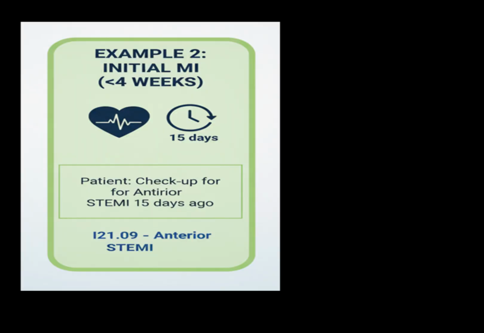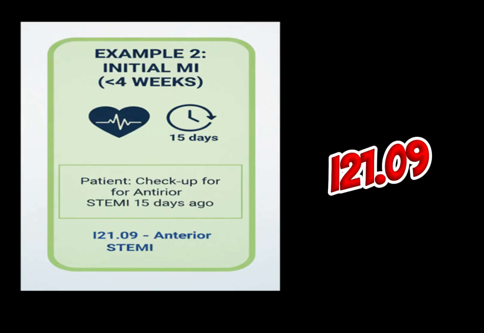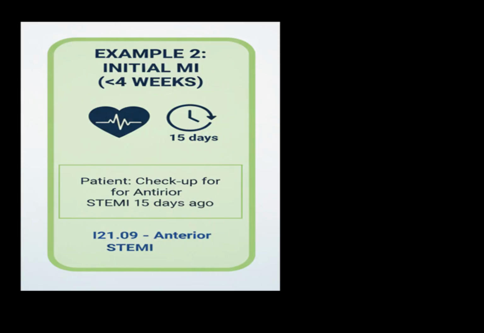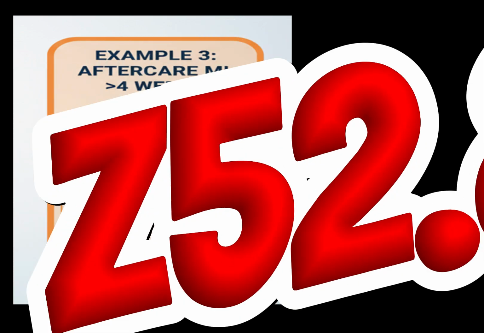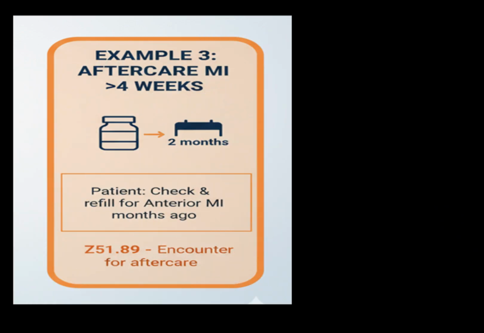Example 2. Patient comes for a checkup, had an anterior MI 15 days ago. This is within 4 weeks, so use I21.09. Example 3. Patient comes for a checkup and a medicine refill. He had an anterior MI 2 months ago. As this is beyond 4 weeks, we use Z51.89, a code for aftercare.